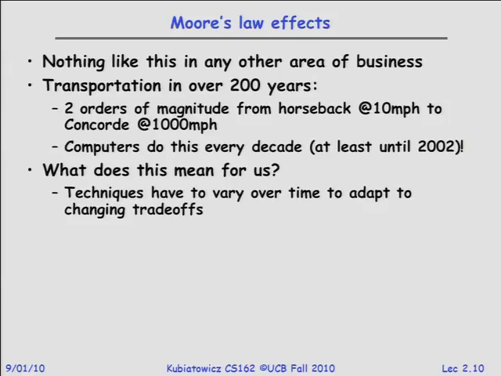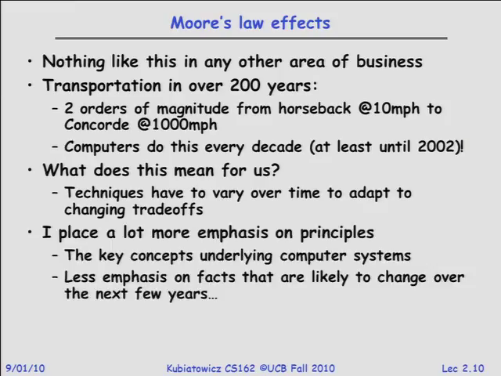And I place a lot of emphasis on principles in this class, ways of thinking, ways of structuring, rather than specific solutions to specific problems at a specific point in time. Why? Because the technology is going to change out from under you. So it's much better to learn principles in this class than to learn that when you have a 3 gigahertz processor with 4 cores, you want to do a data structure in this way. That's probably limited knowledge.